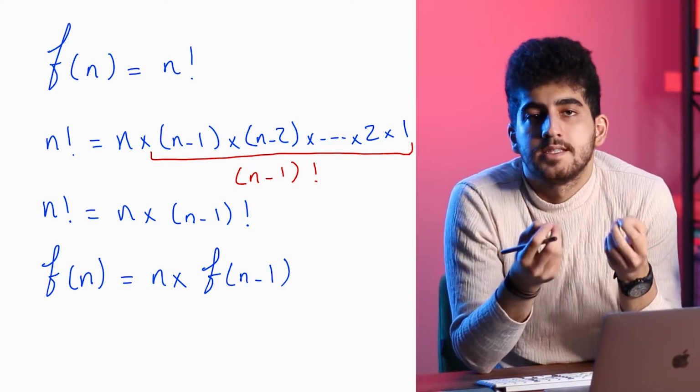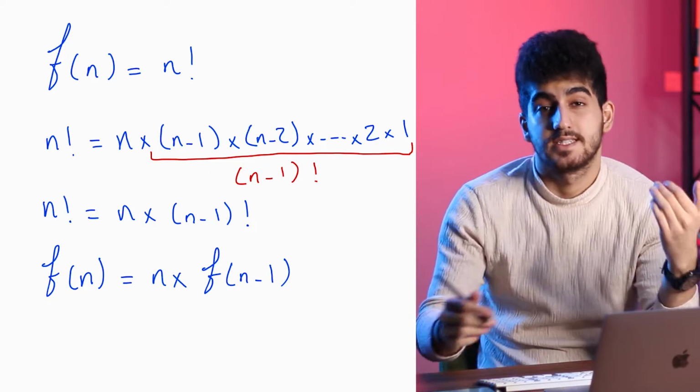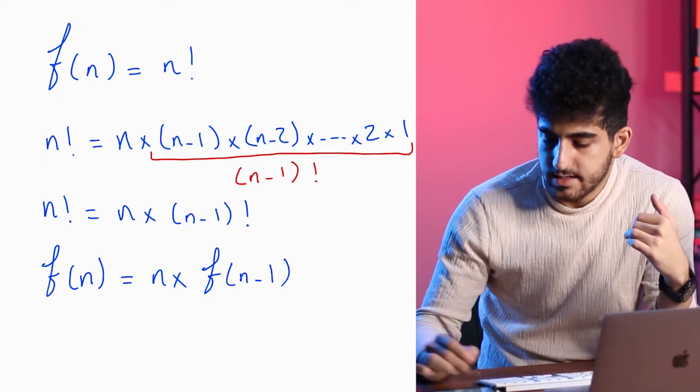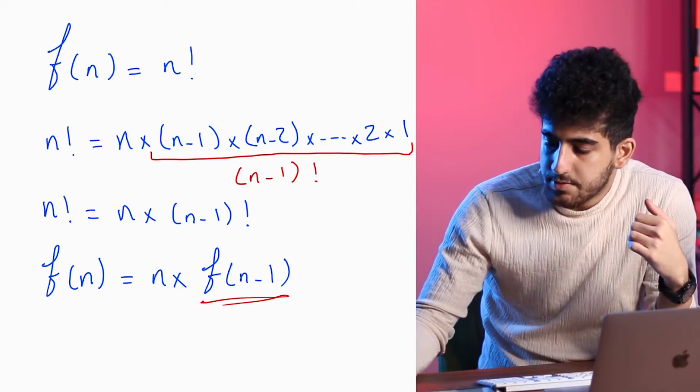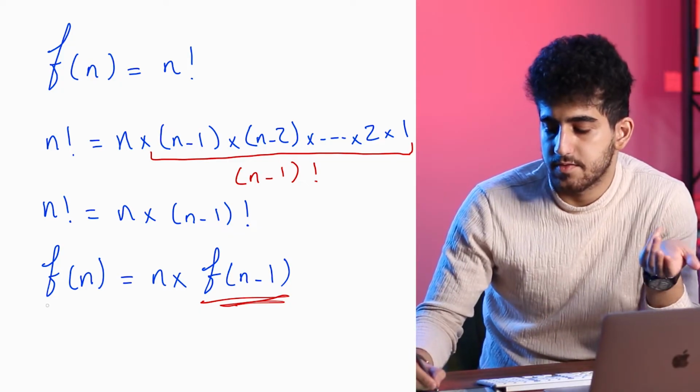And this is what I meant by solving a problem by solving smaller instances of the same problem. Here, I will solve the same problem for n minus 1, and using that, I will solve the problem for n.